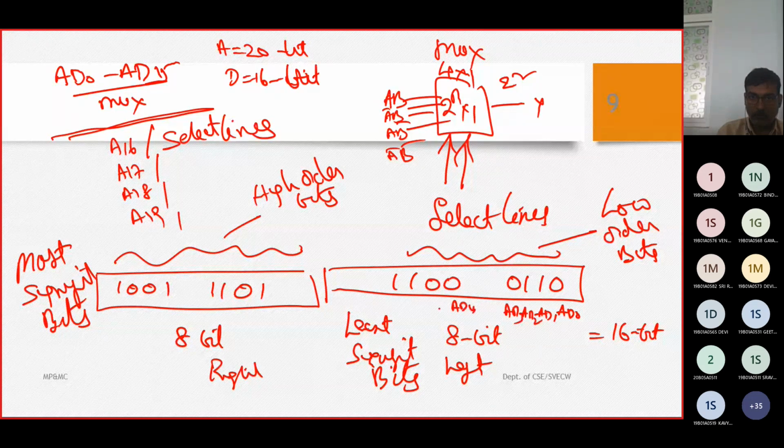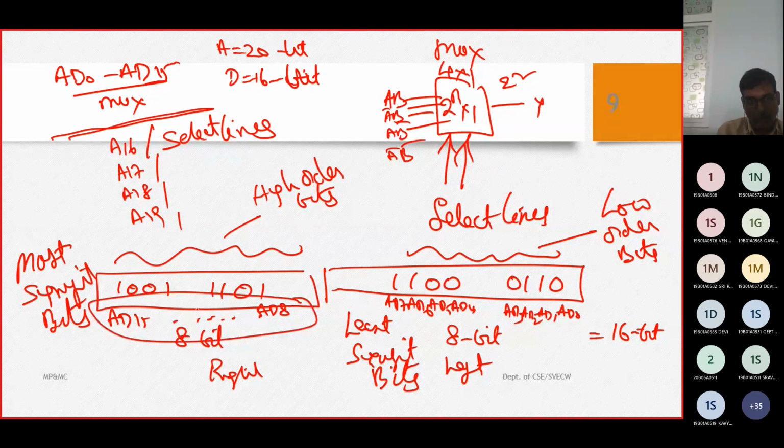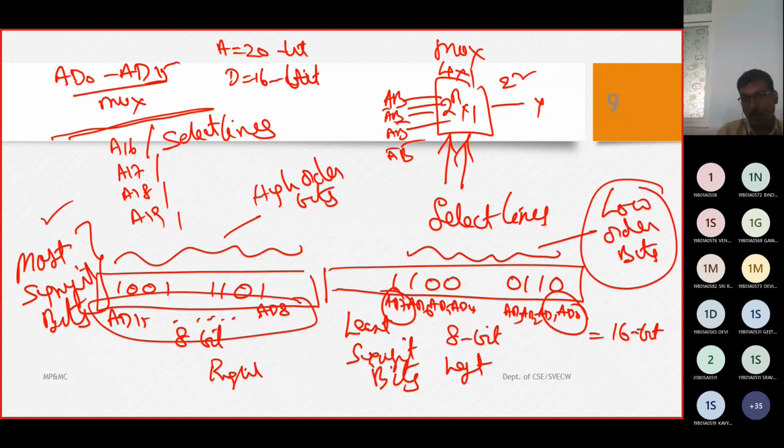These are AD4, AD5, AD6, AD7. This element is AD8, AD9, up to AD15. So AD8 to AD15 we call high order bits or most significant bits. AD0 to AD7 we call low order bits or least significant bits.